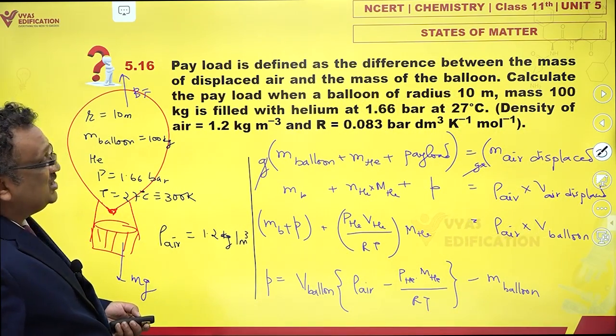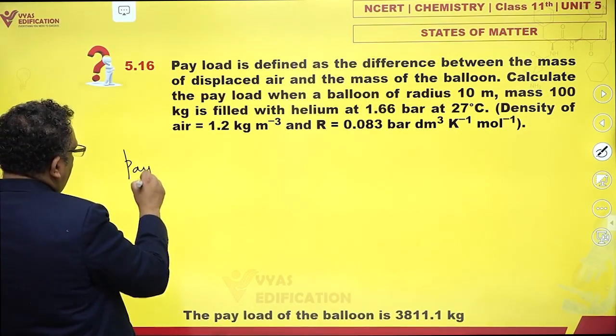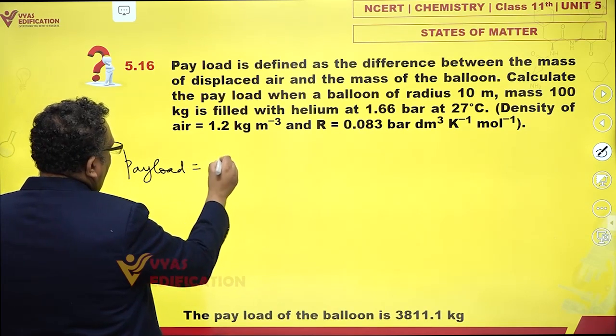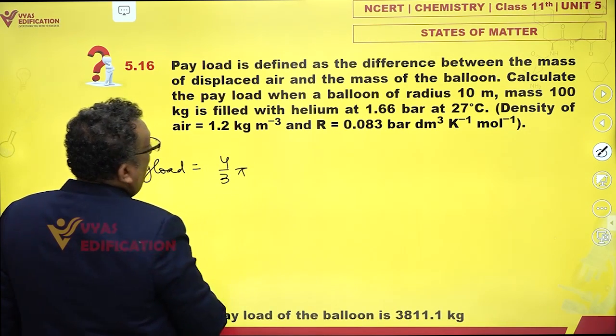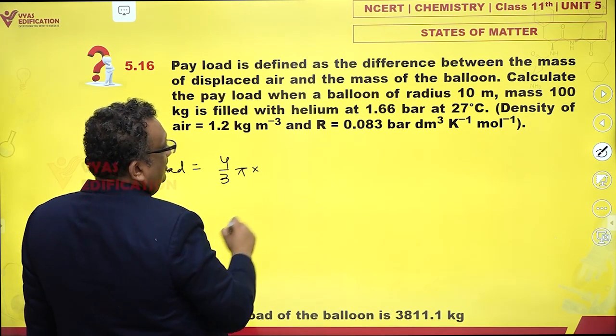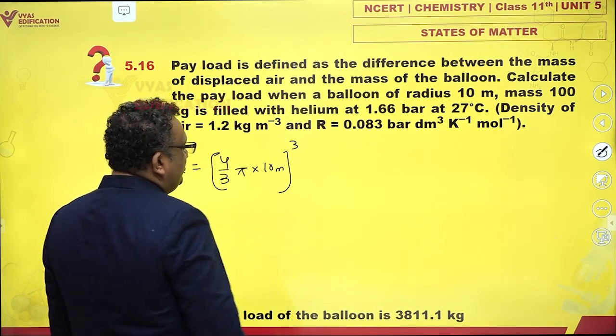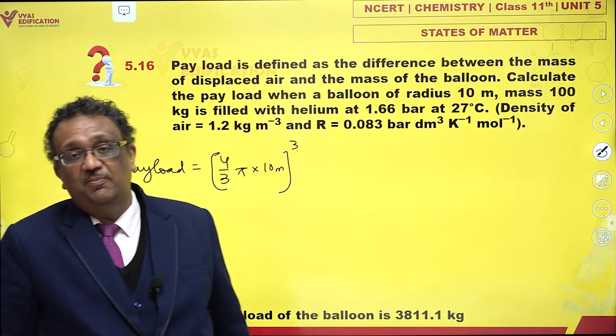Volume of balloon, which is 4 by 3 pi r cube, to payload will be 4 by 3 pi r cube. R is radius, which is 10 meter. This will be volume in meter cube, please remember.